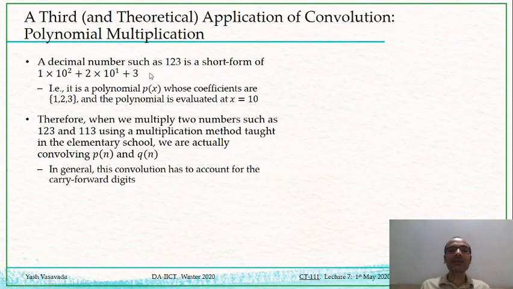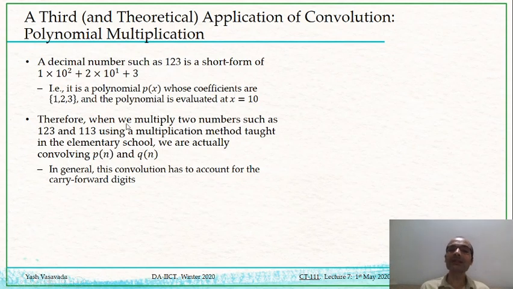Now suppose you have two such numbers, 123 and 113, and when we multiply these two numbers using some multiplication technique that we would have learned in our elementary school, actually we are convolving p of n with q of n. If you don't believe me, just try it out using pencil and paper and see how you are actually multiplying these two numbers.